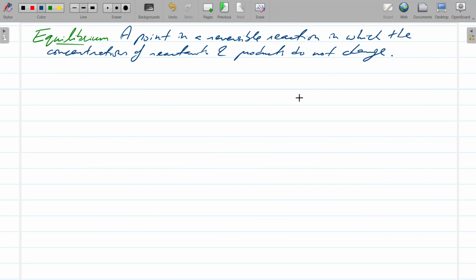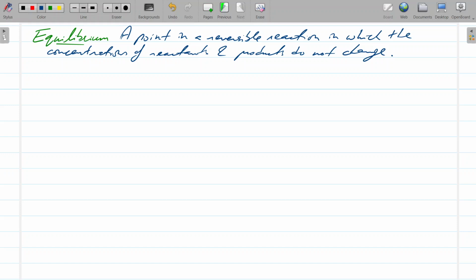Generally this happens in a closed system. What is a closed system? When you're dealing with gases, it is that nothing can enter from the outside, so nothing can contaminate your reaction.